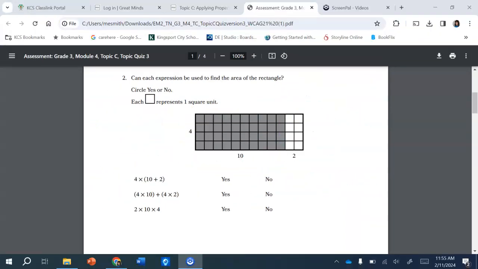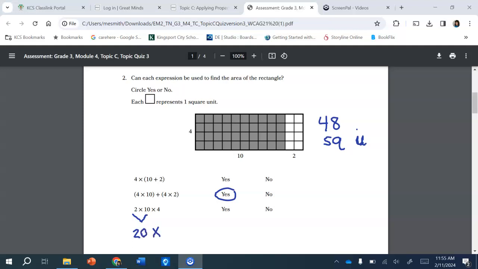So going forward, we know that this choice was correct, and we know that the total area of this rectangle is 48 square units. I about said inches, but it's units. So I'm going to look at some of my other choices. Now, when I look at this last choice, it is just having me multiply as I go across. So if I start here and say 2 times 10, I would have 20.